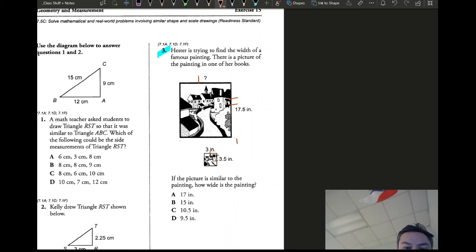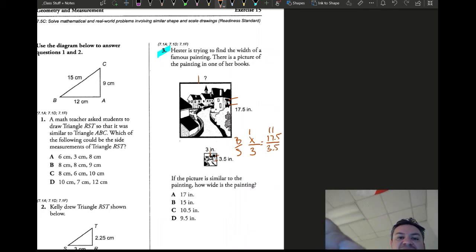So we have big over small, 1 and 2. B1, I don't know. S1 is 3. B2 is 17.5. And S1 is 3.5. This is not different than before.